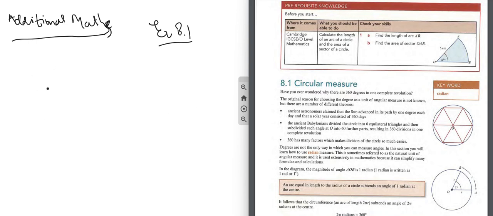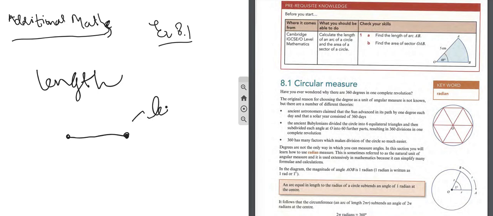So what is length? When we talk about length, if you have this point A and this point B, the distance between these two points can be called the length. This is the length.